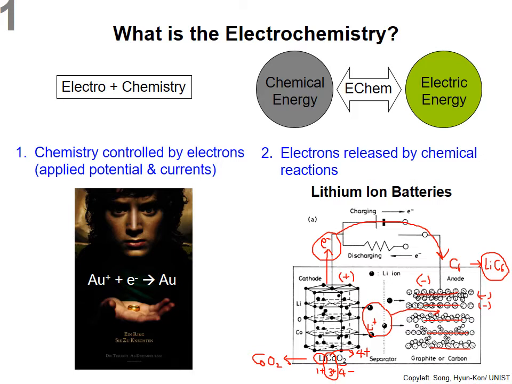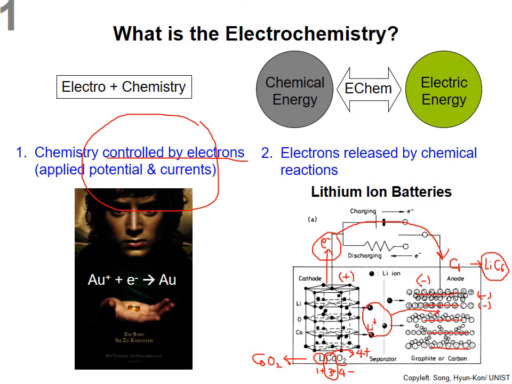And the charging process of lithium-ion batteries belongs to the very first definition of electrochemistry. You have used electricity to charge the batteries, so it is controlled by electrons, and lithium cobalt oxide is converted to cobalt oxide. At the same time, C6 graphite is going to lithiated graphite. Chemical changes. So the charging process is based on the very first definition of electrochemistry.